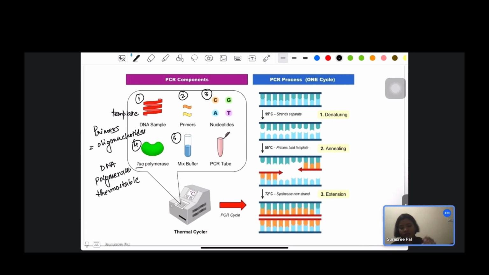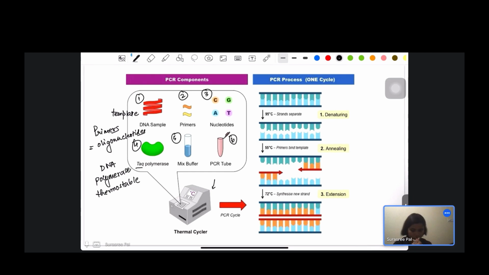And we set up this experiment in a tube which is called a PCR tube. This is a very small tube of 0.5 microliters volume. In this tube we set up this entire experiment, and then we run it in a machine called a thermal cycler. What is a thermal cycler?